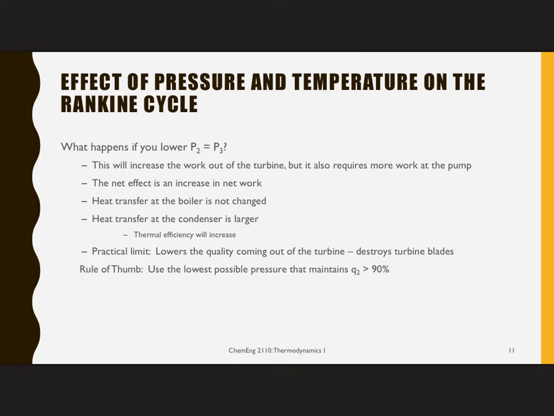And we do that until we have as much work as we think we can realistically get out of it, okay? So what if we didn't stop where we did before, but we have actually dropped that lower pressure even lower, okay? That actually will increase the work out of the turbine.